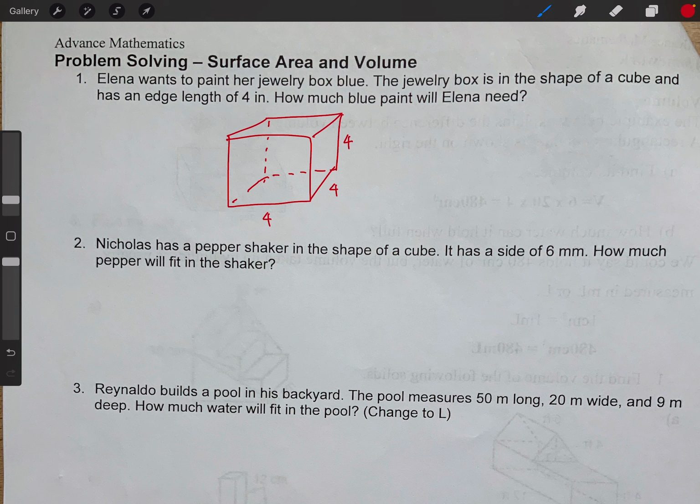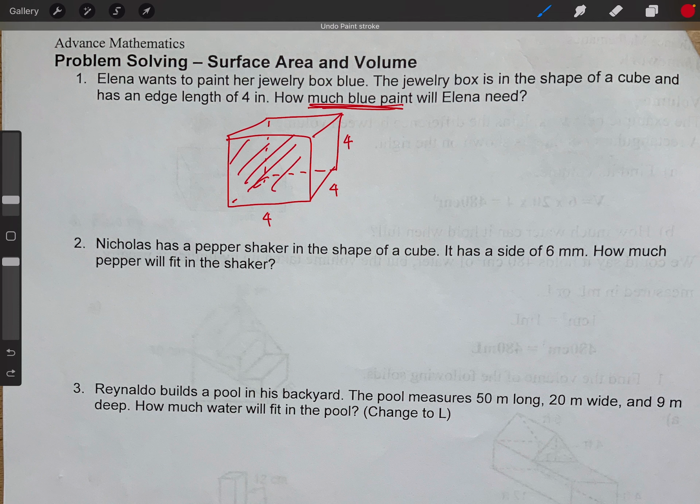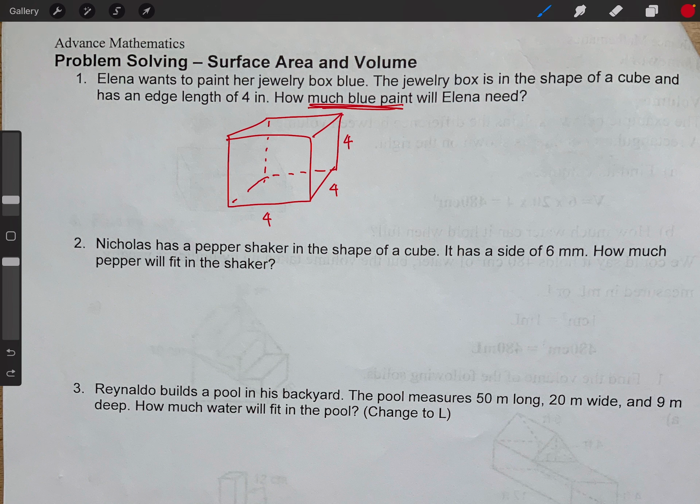If it says how much blue paint, that means, because the paint only covers the outside, it's not looking for volume, because volume deals with how much space is filled up inside as well. If you're only talking about the outside, you're looking for the surface area. So what is the surface area of this cube with each side 4 inches? We find the area of one surface.